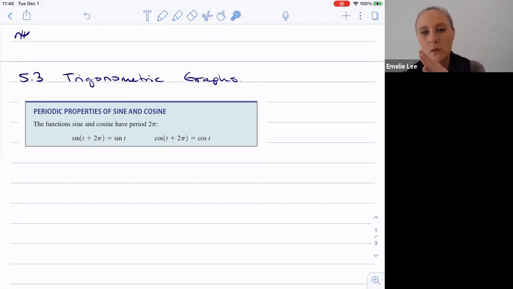We even talked about some specific points, pi over 6, pi over 4, pi over 3, pi over 2. Those are our main cutoff points that we're interested in. And so as we move through the circle, we know what x and y are at those points.